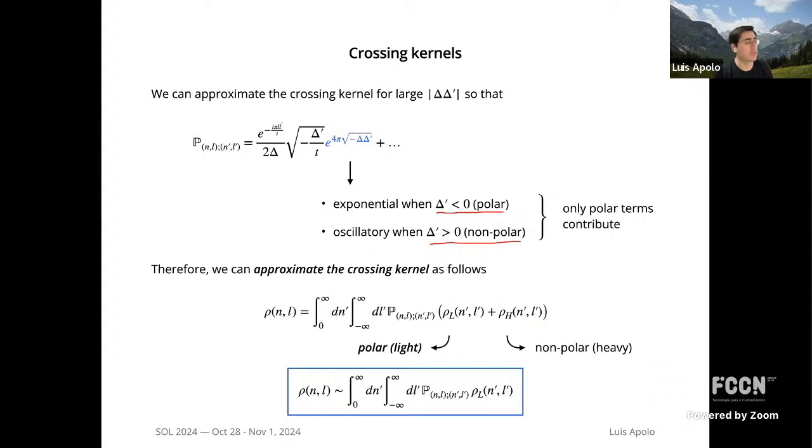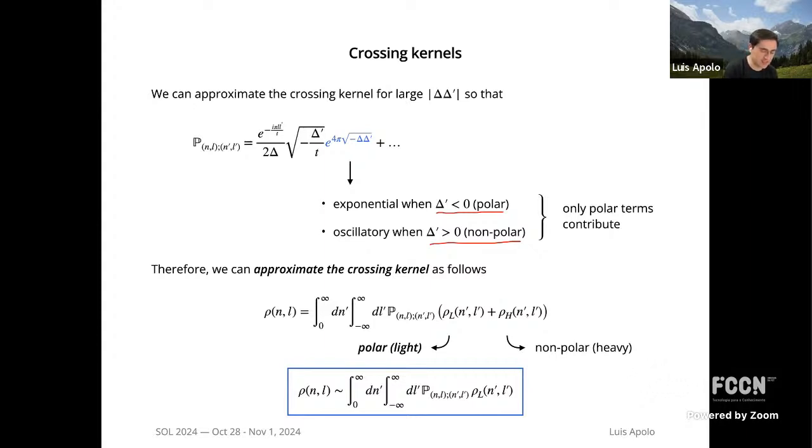So because some of these terms are oscillatory, or rather because this expression is dominated by the polar terms, we can do a further approximation of the crossing kernel.